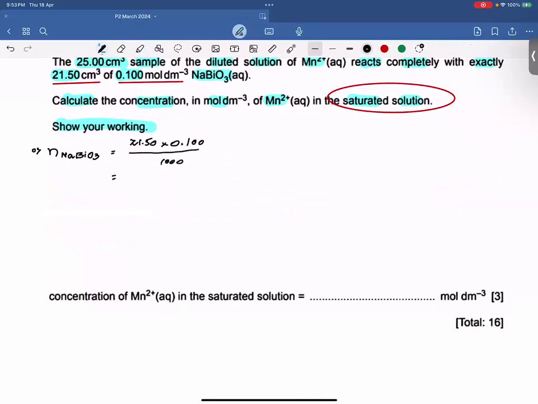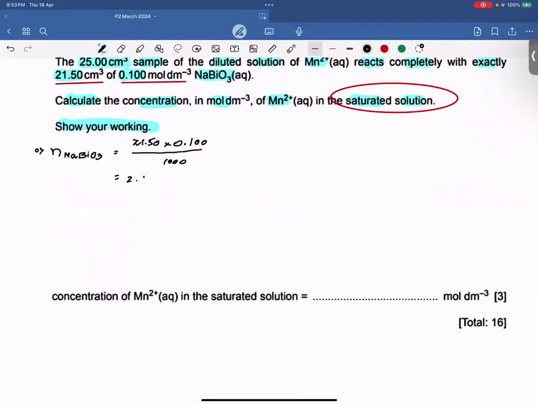So 21.5 times 0.1 divided by 1000 is going to be 2.15 × 10^-3 moles.